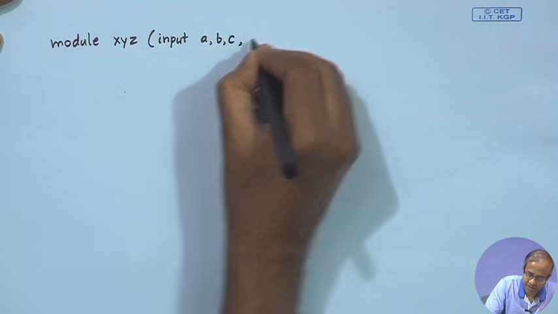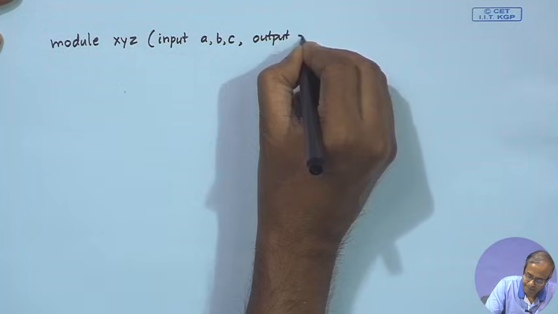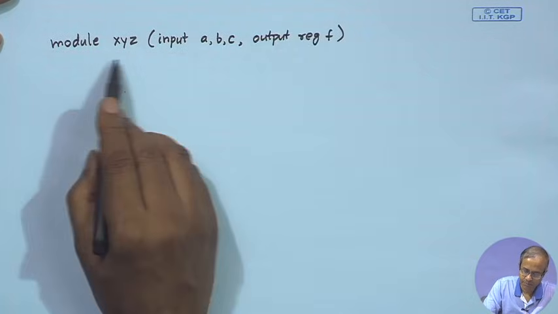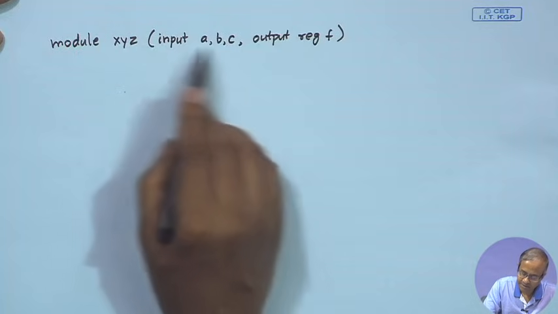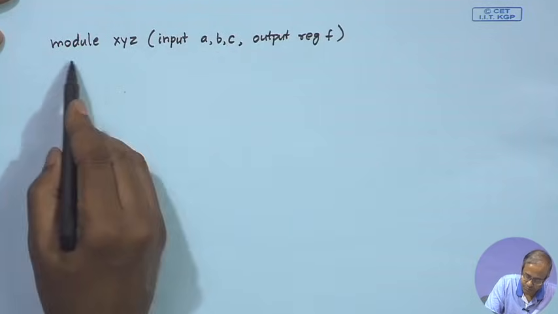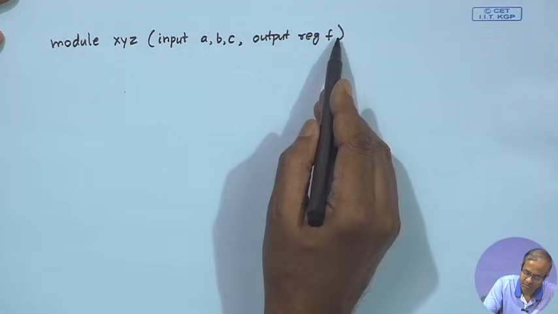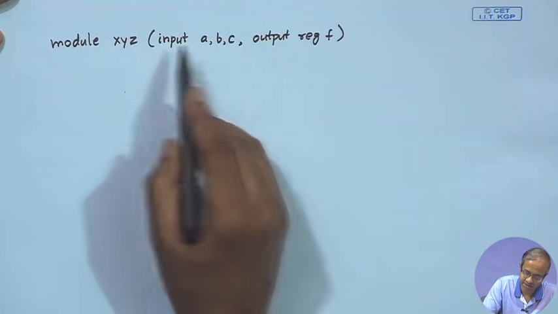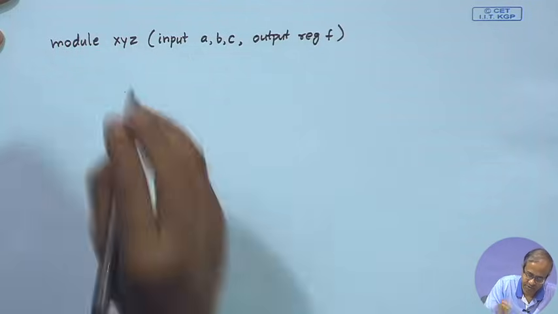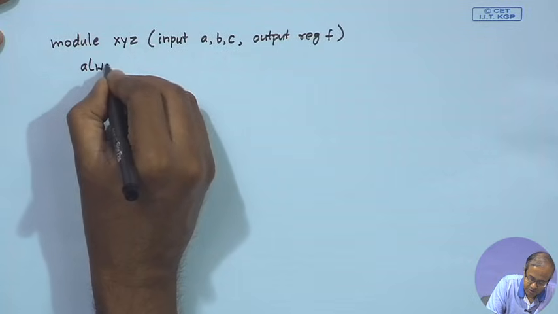So, you can specify it like this. Module XYZ. Earlier you had mentioned A, B, C, F and would mention input and output later, but you can specify it in the same line also. When you are declaring, you can say input A, B, C, output reg F. This is also allowed.